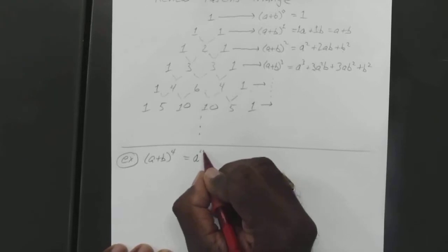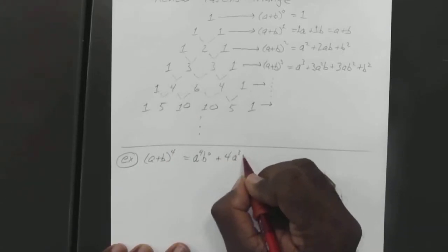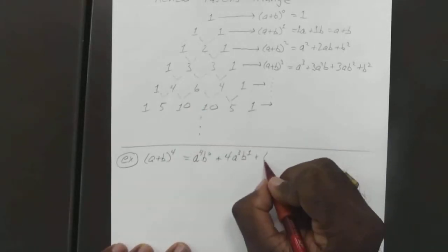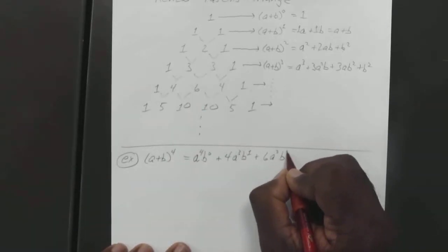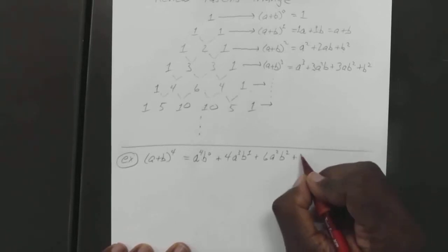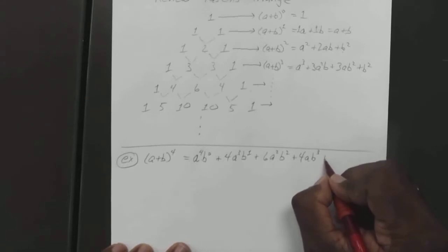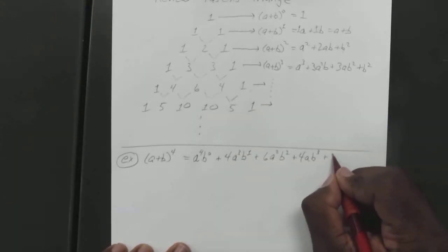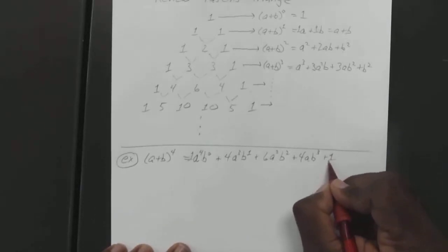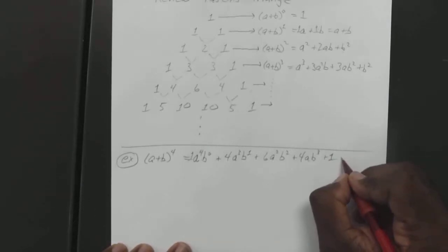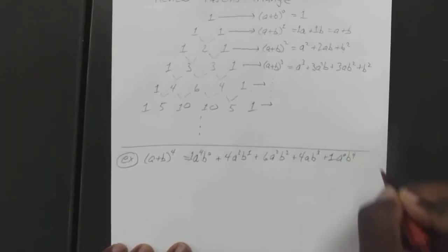So let's say you have a to the fourth, b to the 0, plus 4 times a to the third, b to the first, plus 6 times a squared, b squared, plus 4 ab to the third, plus 1, I guess you can put the 1s there, just space holders, a to the 0, b to the fourth.